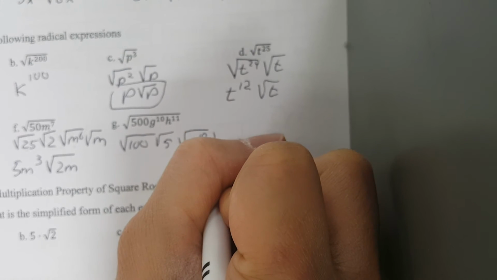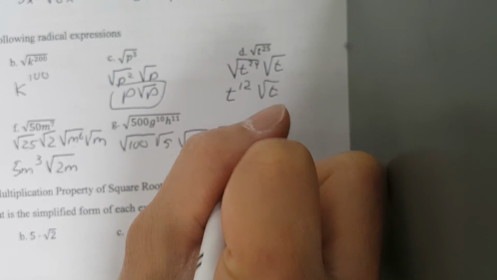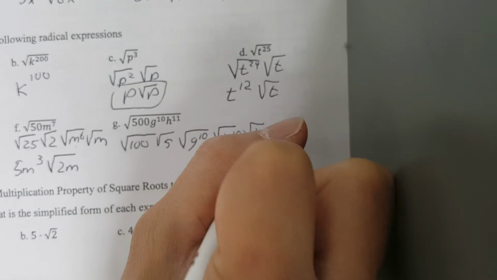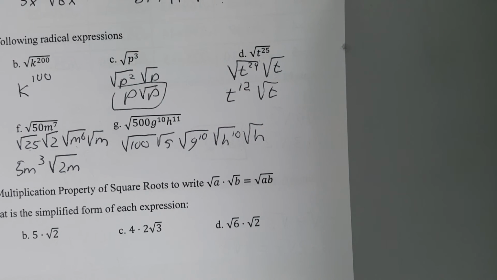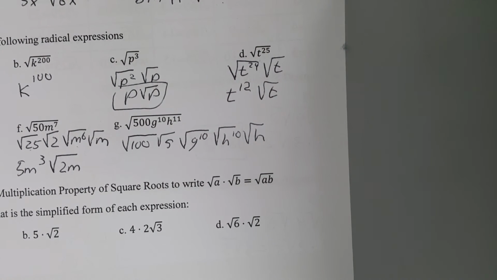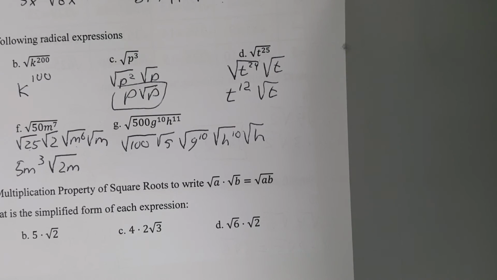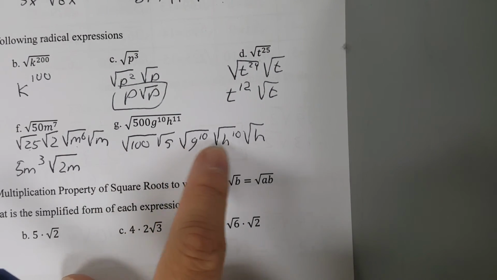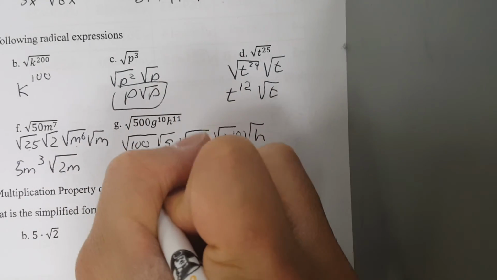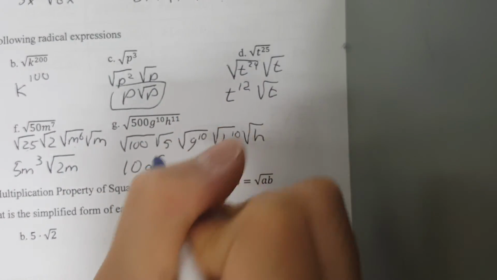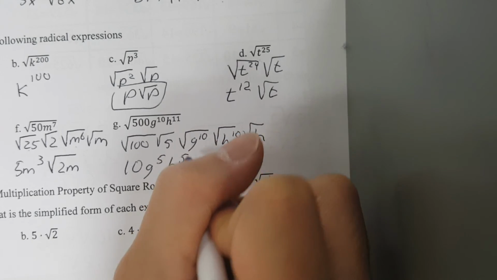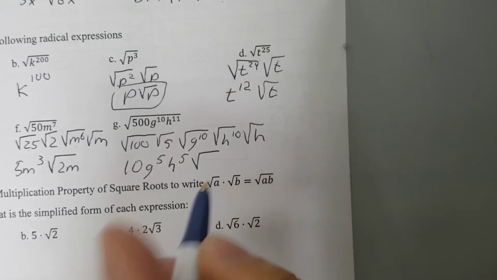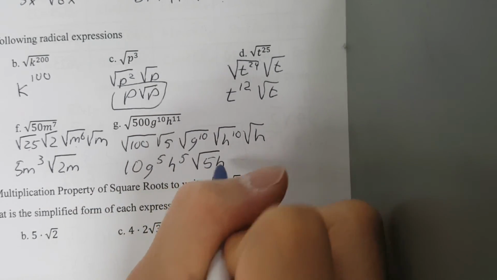And since it's h to the 11th, I get h to the 10th, h. So this is 10. That's g to the 5th. That's h to the 5th. So that's 10, g to the 5th, h to the 5th. And whatever I can't simplify goes under, which is 5h.